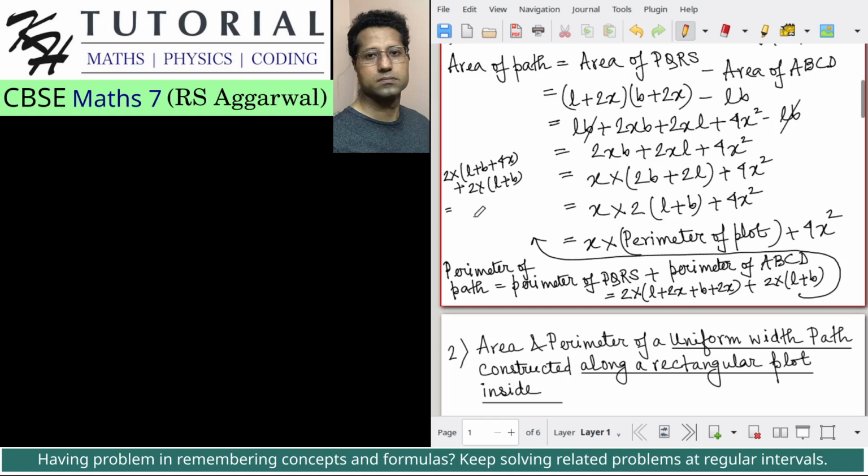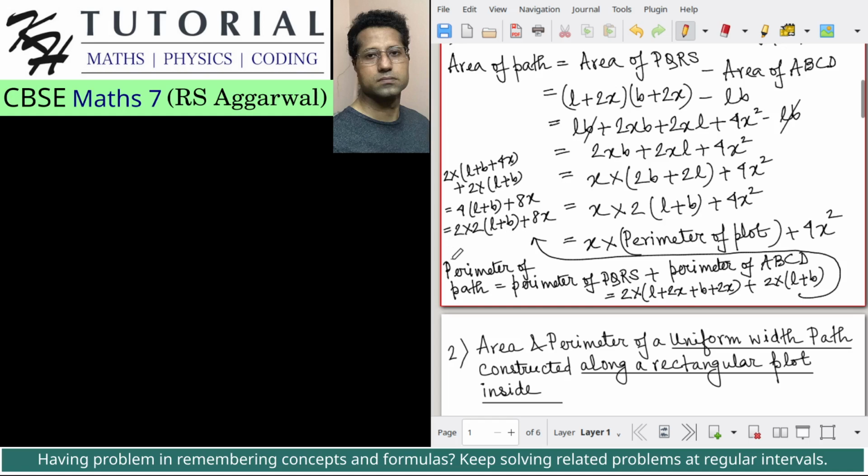If you simplify this, it will be 4 into L plus B plus 8x, which is equal to 2 times the perimeter of the rectangular plot. 4 into L plus B is 2 multiplied by 2 into L plus B, plus 8x, and 2 into L plus B is the perimeter of the plot, plus 8x.